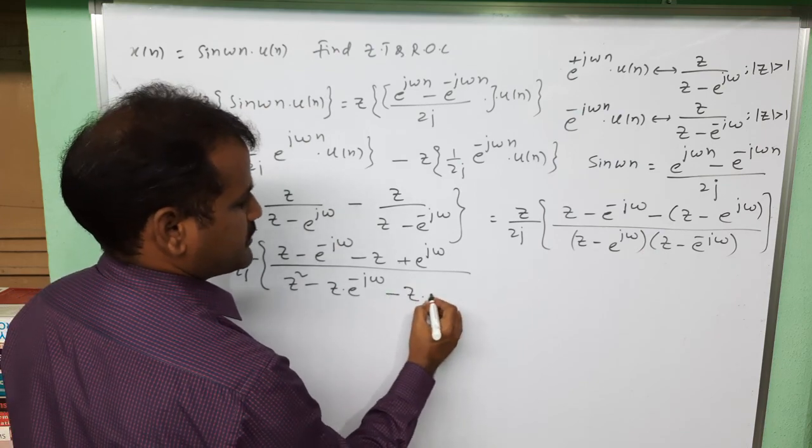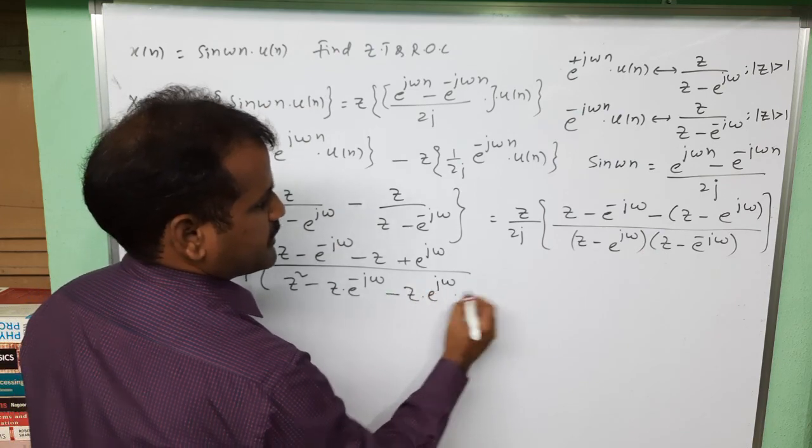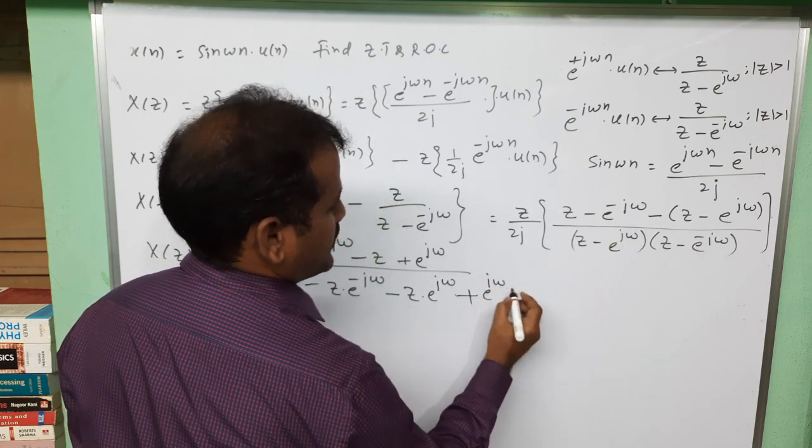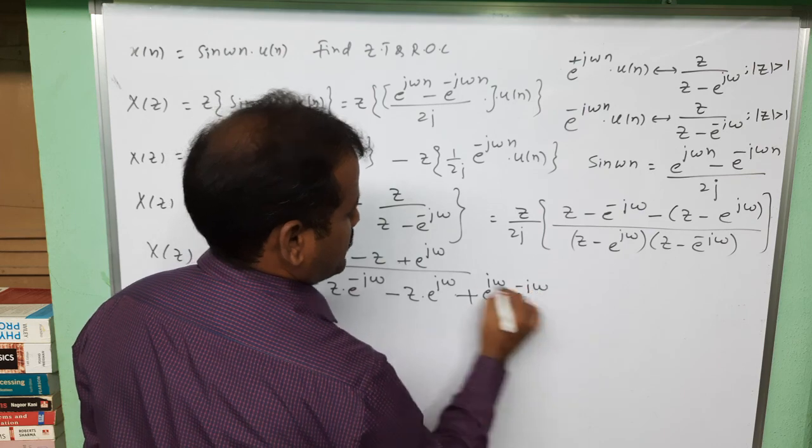So minus z e to the power of plus j omega, and minus minus plus e to the power of j omega into e to the power of minus j omega.